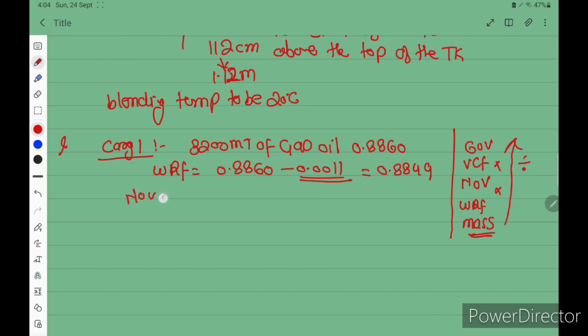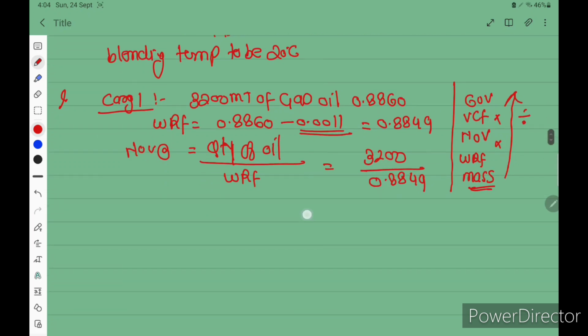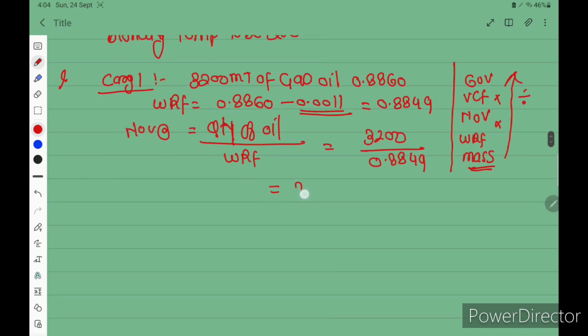Now net observed volume at 15 degree temperature is equal to quantity of oil divided by weight reduction factor. So 3200 divided by 0.8849 gives 3616.228 meter cube.